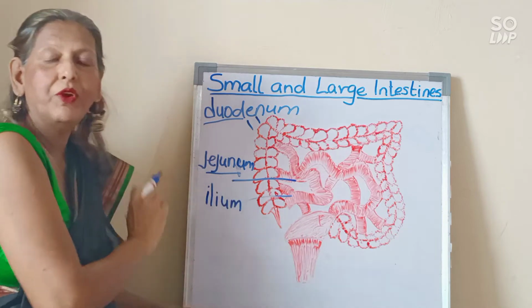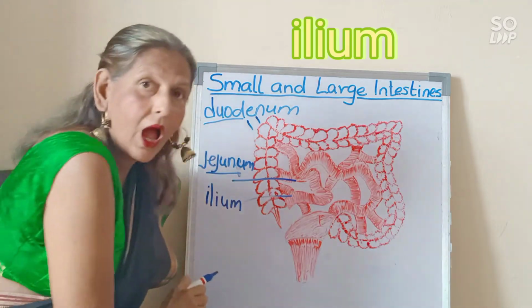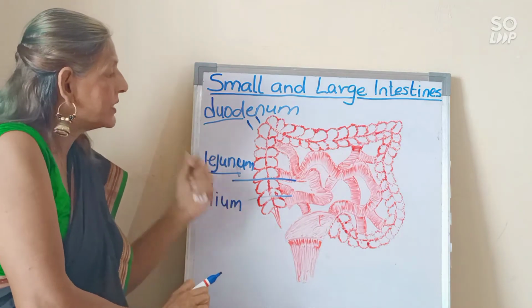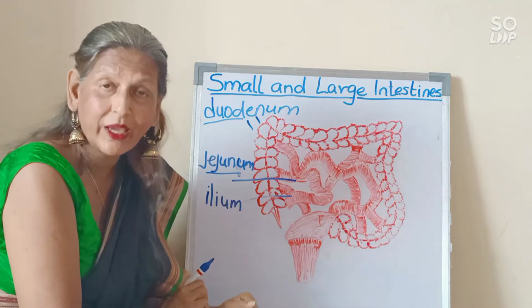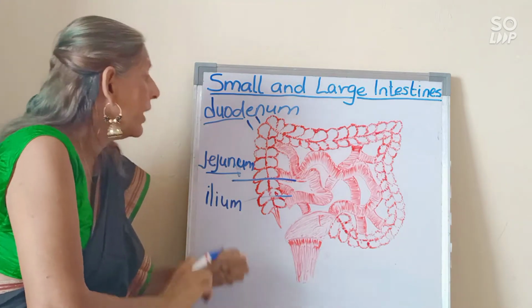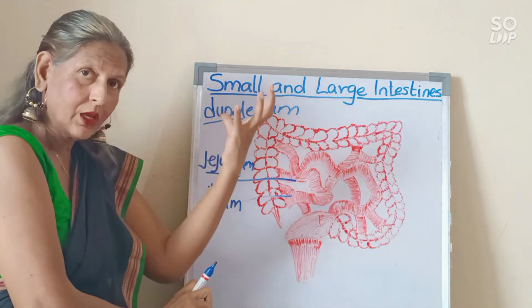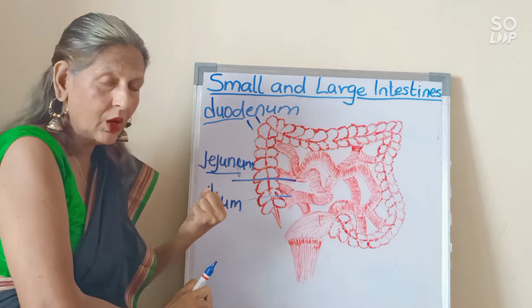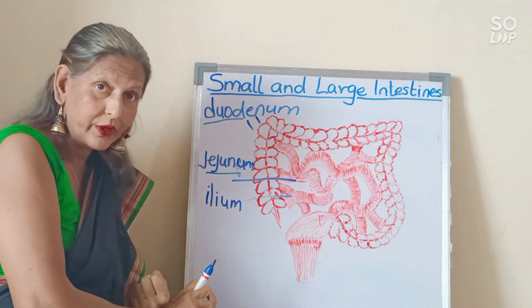Now that we have learned what these parts of the small intestine are called, let's learn about what they help us do, the functions of the small intestines. Mainly there are three functions. First, digestion: it helps to digest our food.